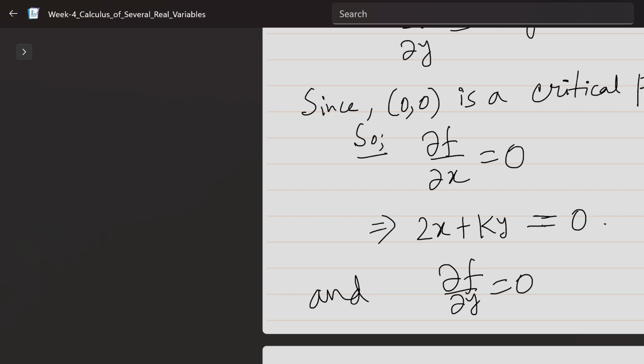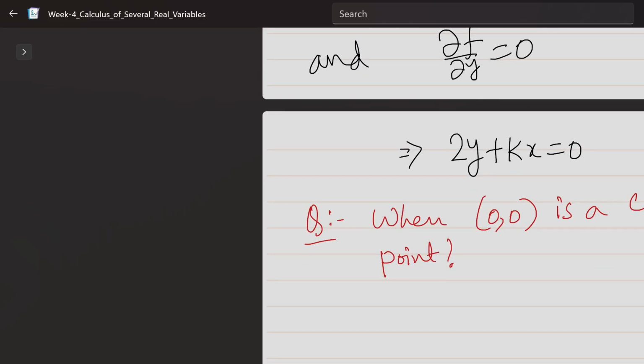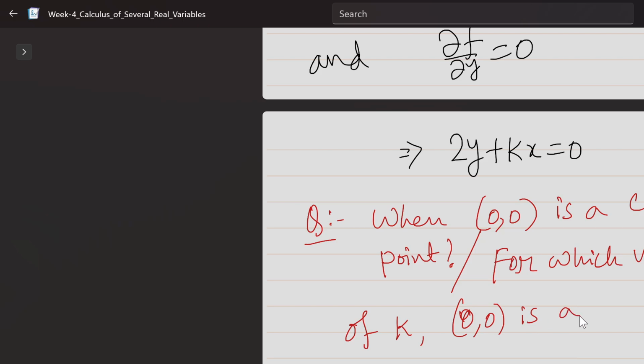Now the question can be written as: for which value of k, if you solve the above two equations, 0, 0 is a critical point.